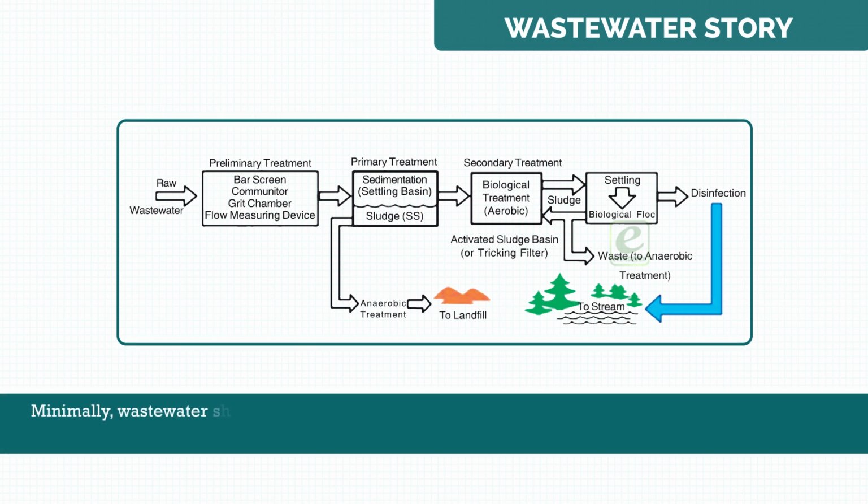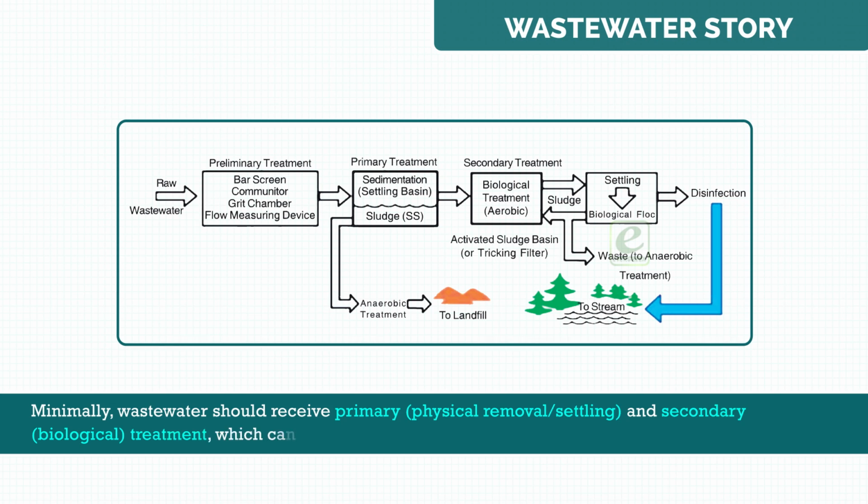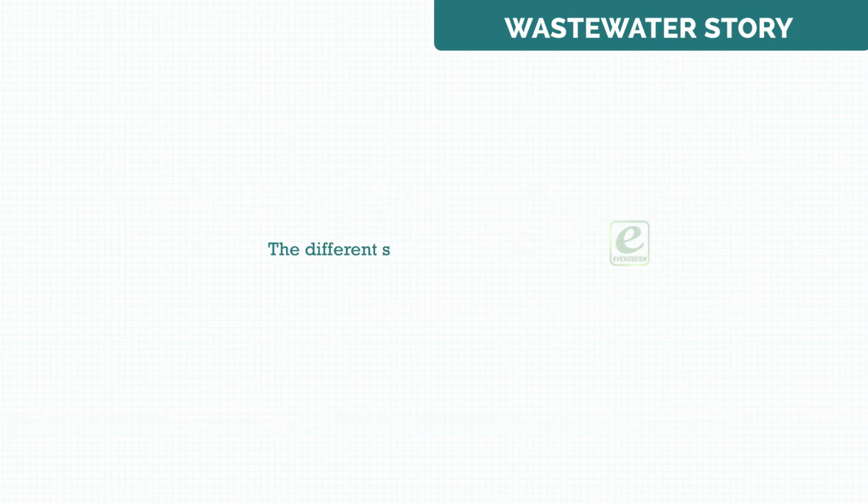Minimally, wastewater should receive primary physical removal or settling and secondary biological treatment, which can be followed by disinfection or chemical treatment before discharge. The different stages are discussed below.